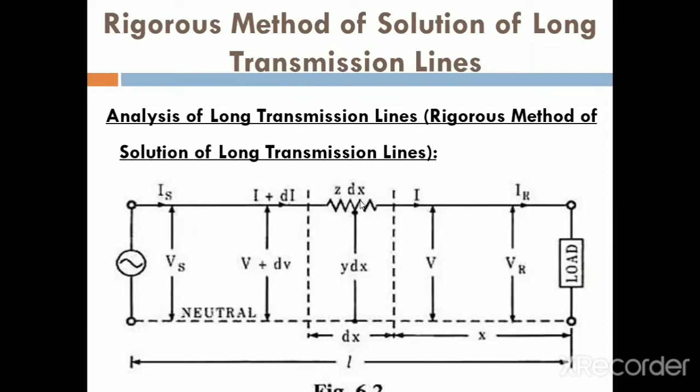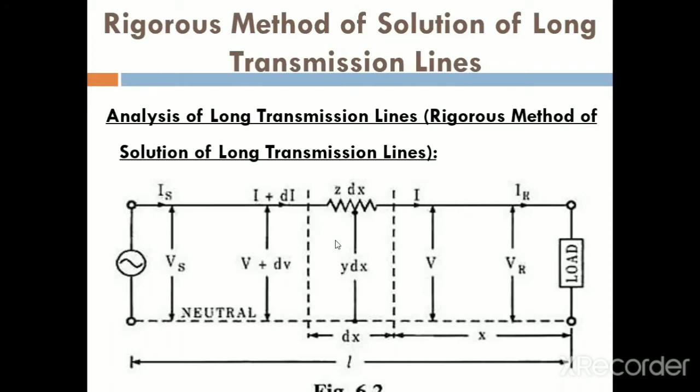In that small length, what is the effect of that resistance, what is the effect of that inductive reactance, what is the effect of capacitive susceptance, and what is the effect of the conductance, all calculated in this particular small length.